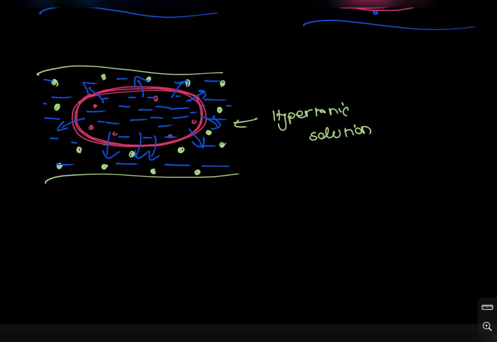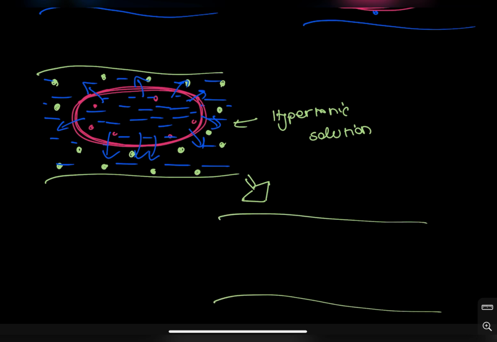Now the RBC has less solvent to handle, so it will end up shrinking instead of swelling like we saw in the last case. So this is how it will become eventually. The number of solute particles will remain the same inside, but the solvent has decreased manifold.